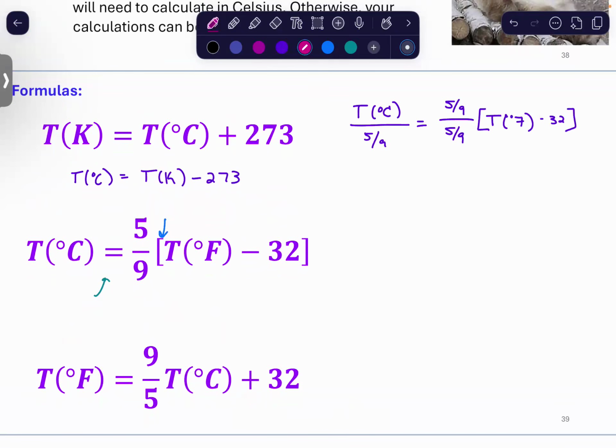You know that 5/9 divided by 5/9 is 1. Now, I hope you remember enough about fractions to know that when I have 5/9 in the denominator, it's going to flip that fraction over. It's essentially like when you divide by a fraction, you flip it and multiply. So what you're going to end up with is 9/5 times Celsius is going to be temperature Fahrenheit minus 32. And then I'm just going to add 32 to both sides.